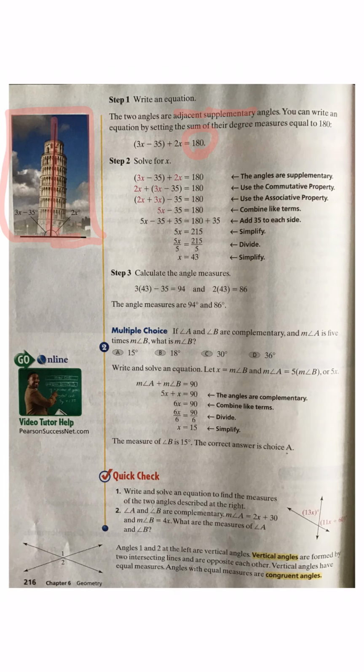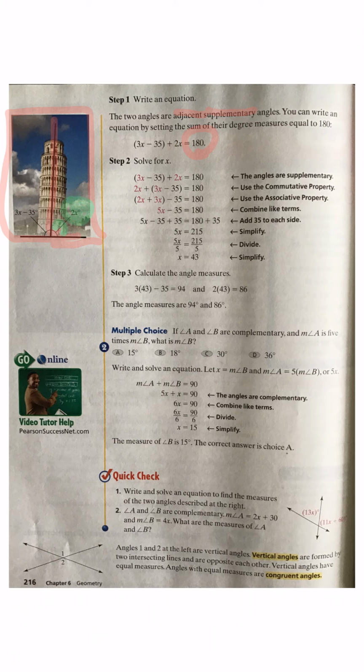So we can write an equation by setting the sum of the degree measures equal to 180. So if we look right here, this angle is equal to 2x degrees.